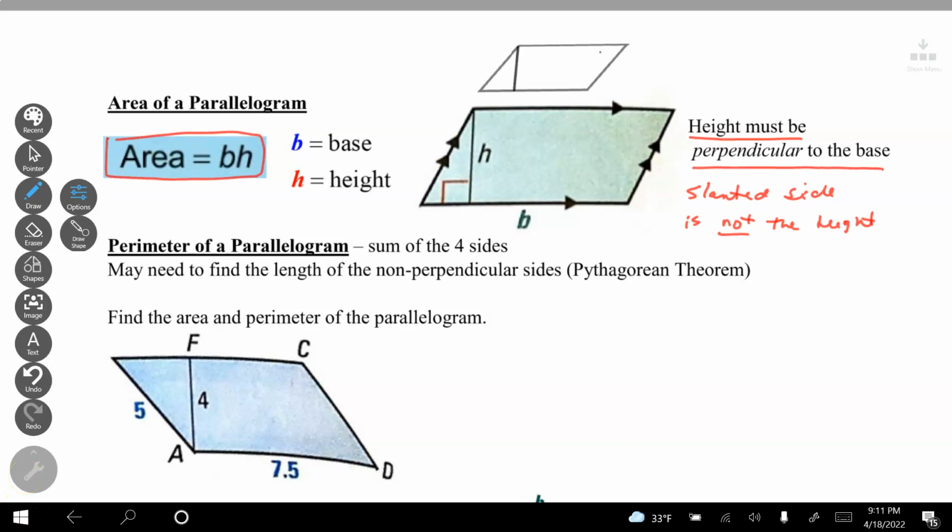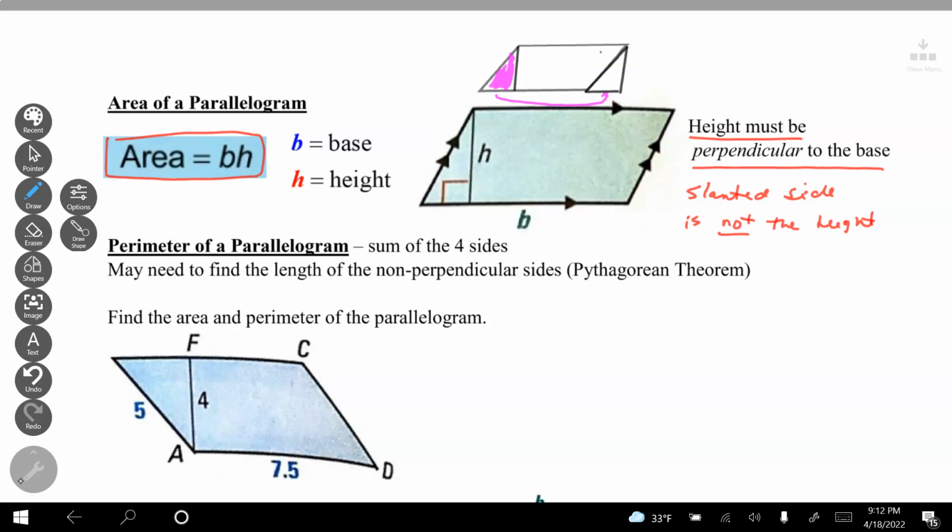Let's see how they come up with base times height. So I redrew the parallelogram above it, and I even drew the height, the altitude here, and you can see this little pink shaded area, I'm going to move over to this side.